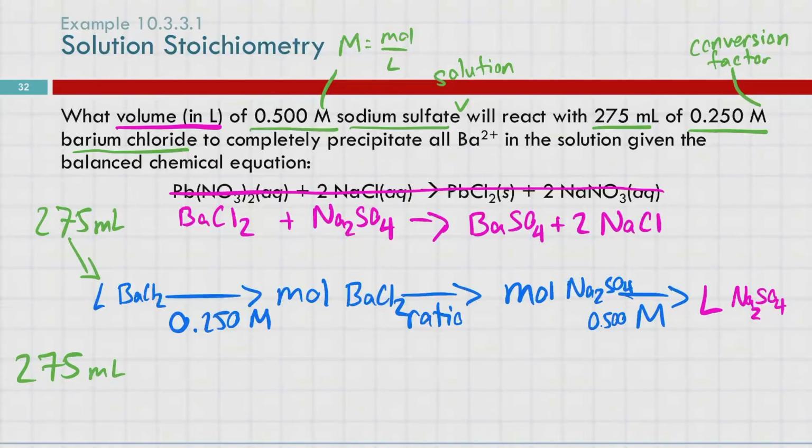Occasionally it's our target. Usually we're using it as a conversion factor. So we're starting with this 275 milliliters. We need to convert that to liters. 1 liter contains 1,000 milliliters.